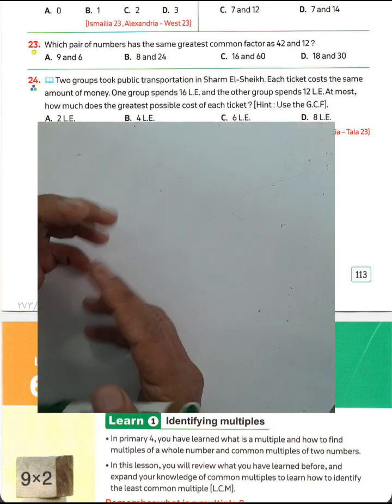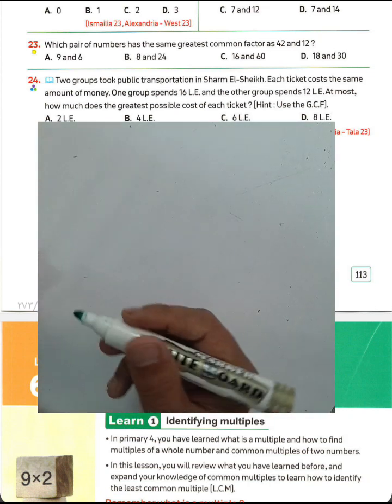Okay, we can use the greatest common factor between the two numbers, 16 and 12.